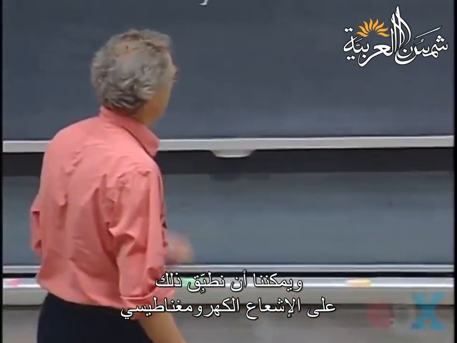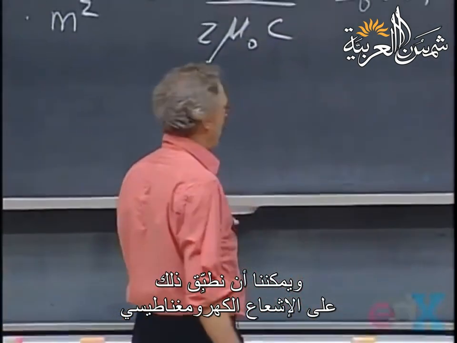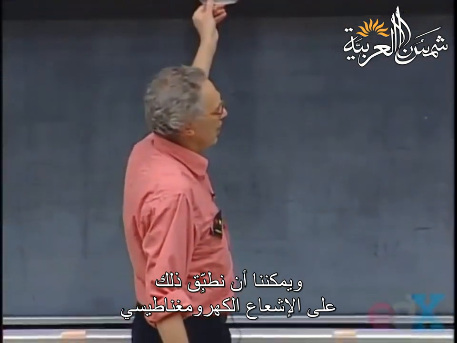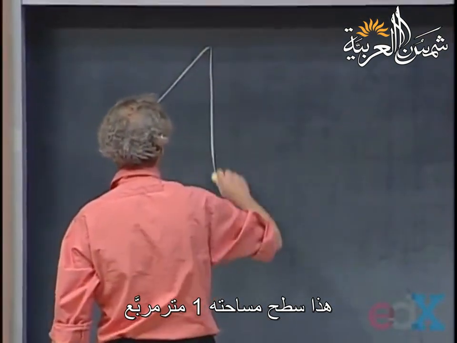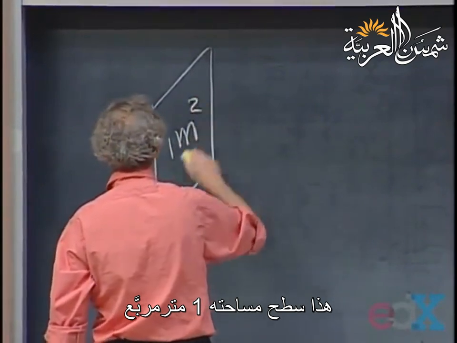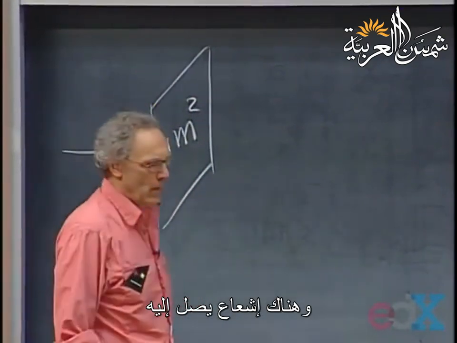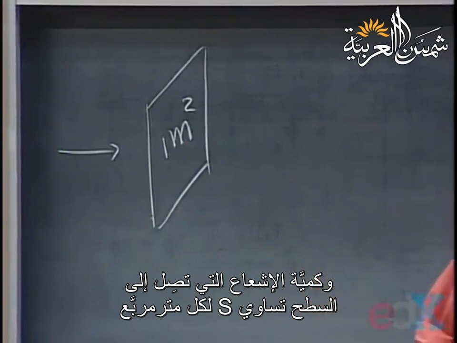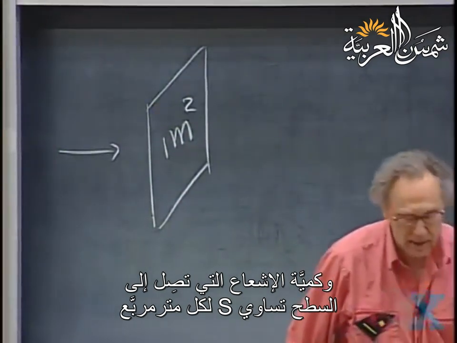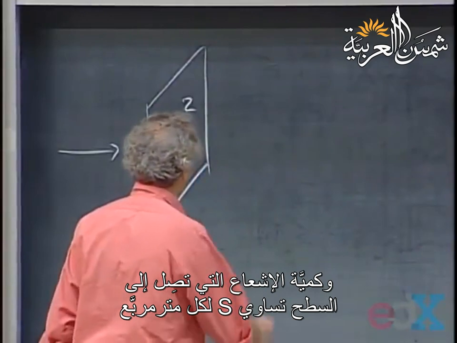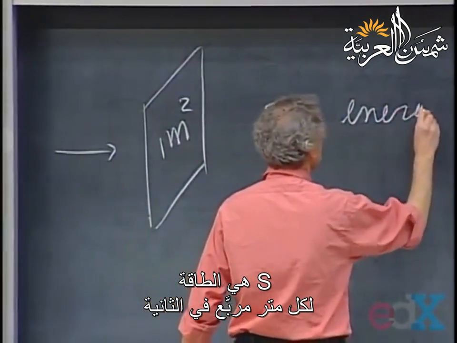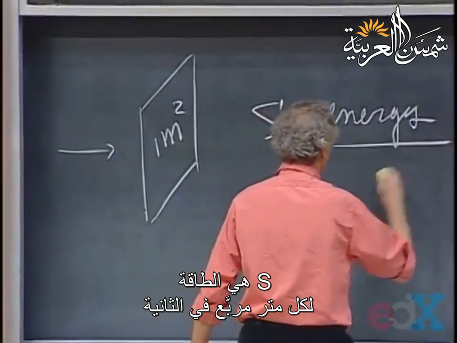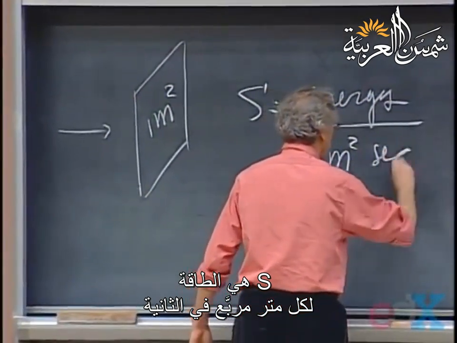And so we can now carry this further to our electromagnetic radiation, and we can return to our Poynting vector. Here I have 1 square meter, and radiation is coming in. And I know exactly how much radiation is coming in. For every square meter, there is this value S. So S, which is an energy per square meter per second.